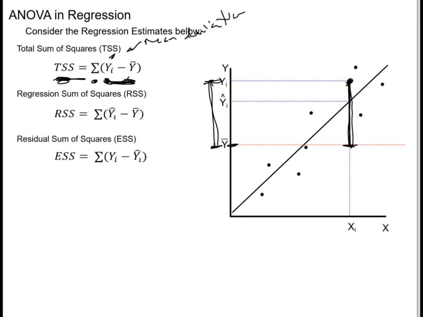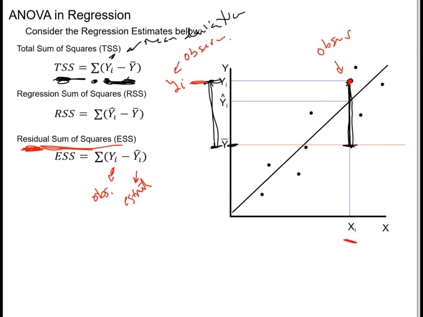Let's hop down to the bottom one, because I think this is actually the next natural progression to think about. The residual sum of squares. Hey, we've talked about the residual sum of squares, right? If we know what an actual observed value was, and we subtract out what the model estimated the value would be, that's the error, right? So here we go on this graphic. This dot right here was the actual observed value. The yi is the observed value, in this case observed for a house value.